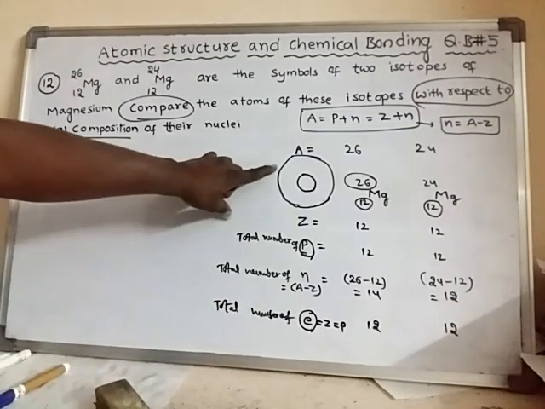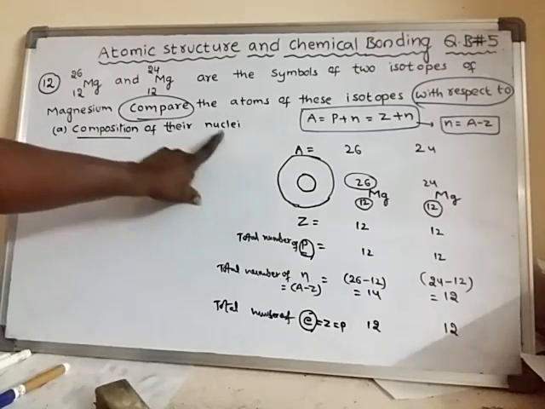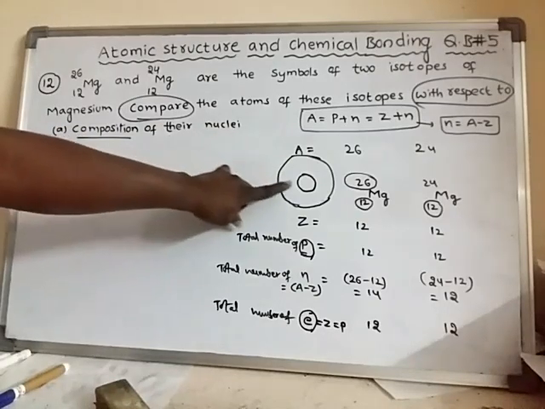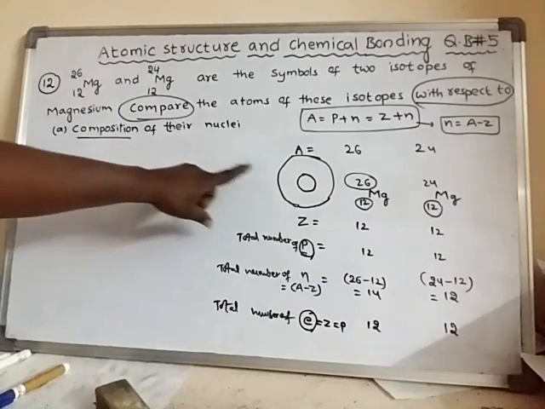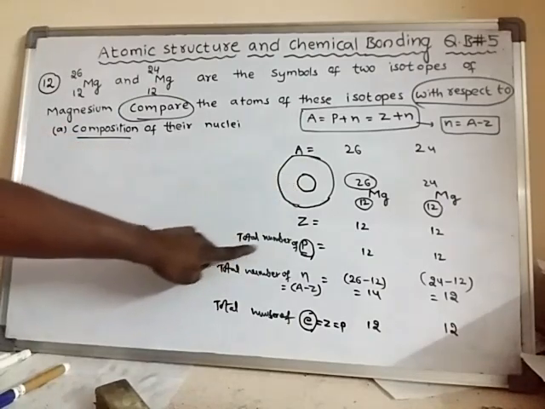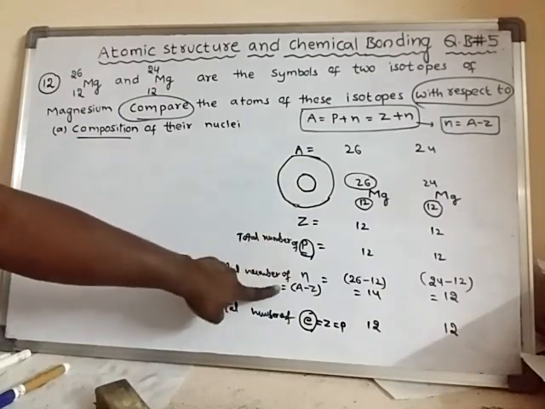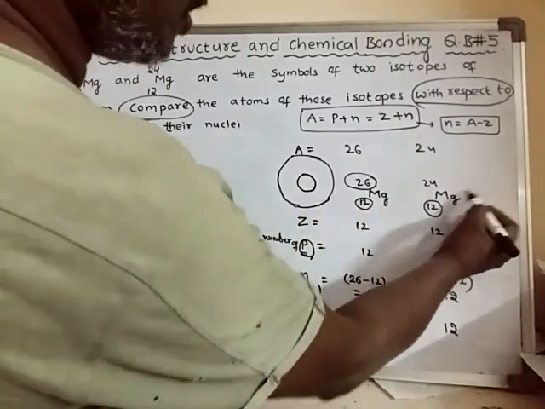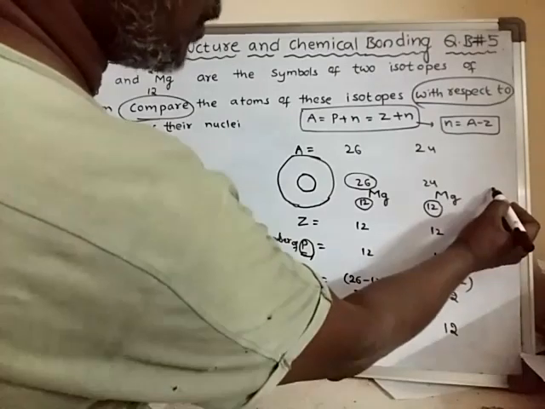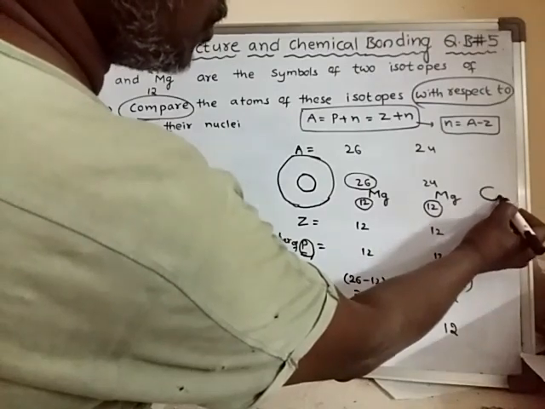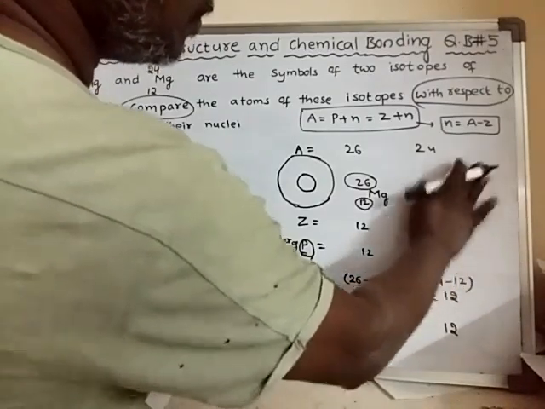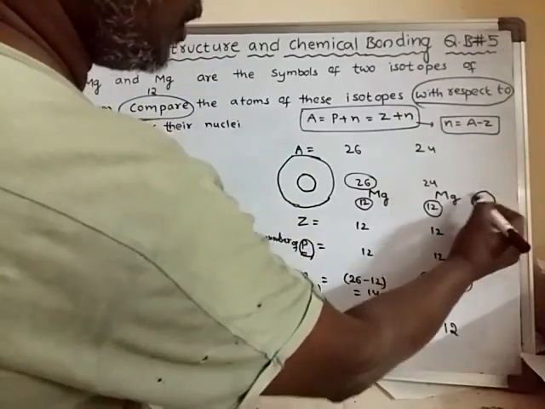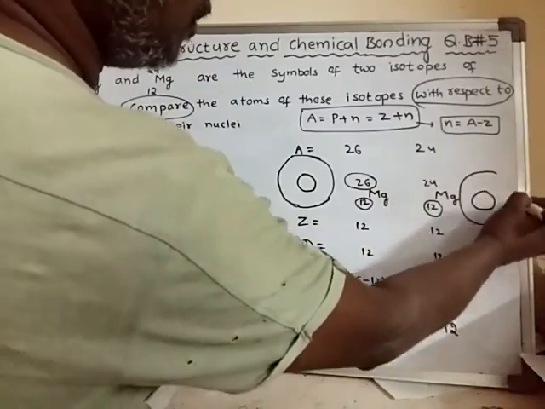In the same way, the nucleus of the atom always contains what? It contains protons and neutrons. So in this particular isotope, and I will draw the atom of the other isotope also, this is the nucleus of this isotope, and this is the atom.